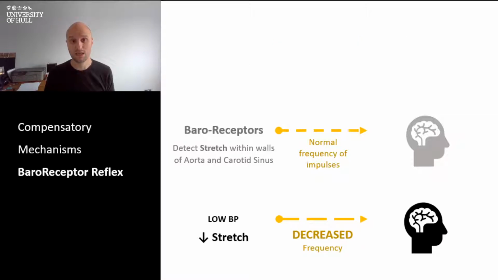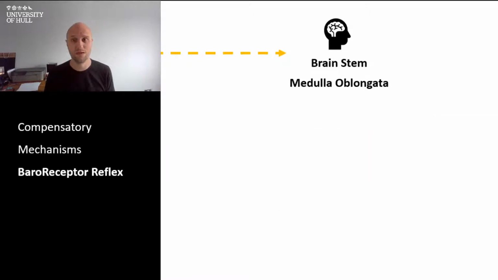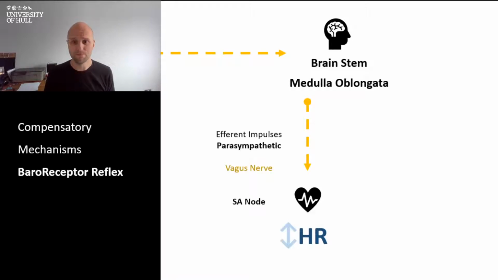And similarly, if somebody is hypovolemic or they have a poor cardiac output for whatever other reason, they have a low blood pressure, there's less stretch on those receptors, and so they less frequently send messages towards the central nervous system.